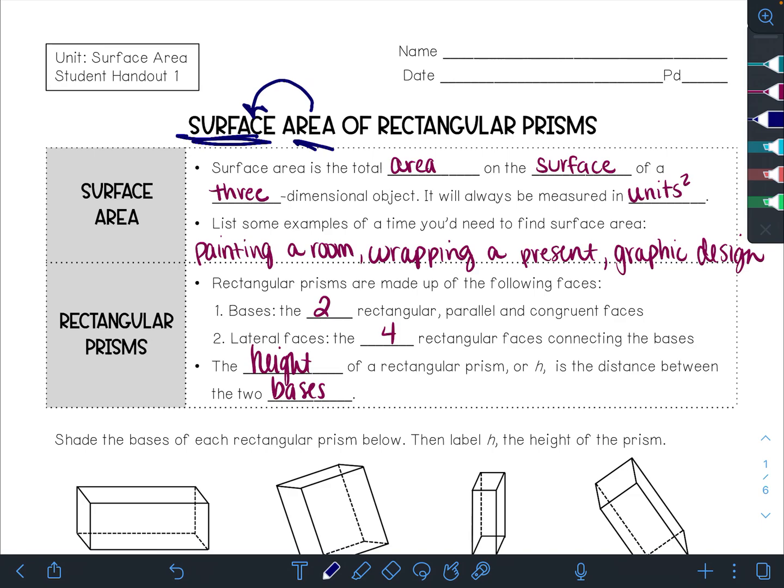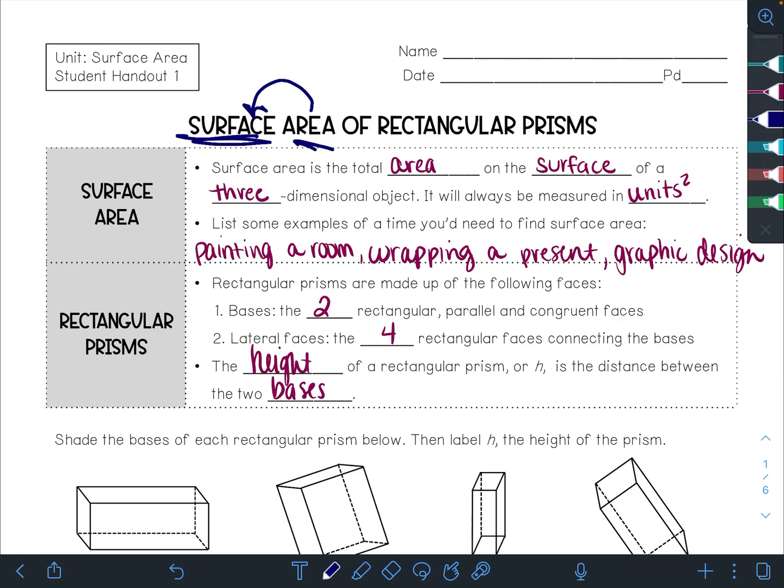Wrapping a present, if you need to know how much paper you need to wrap something with. A lot of times graphic designers use it. Any boxes that you have in your pantry, someone had to look at the amount of area they have available to design with, and then they created that.